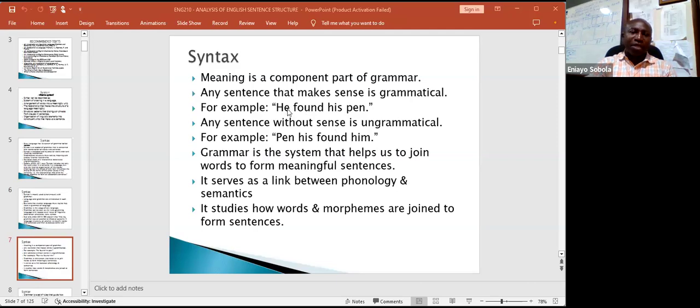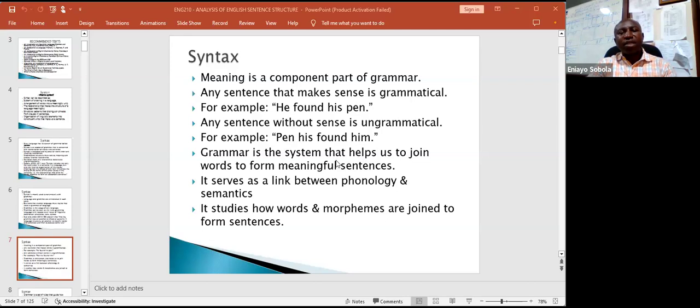Because the choice of "he" agrees with the choice of "found", the choice of "his" agrees with the choice of "pen", and "his" here agrees with the choice of "he". But look at the second example. "Pen is found in." That has no meaning, does not make sense, because it is not well arranged.